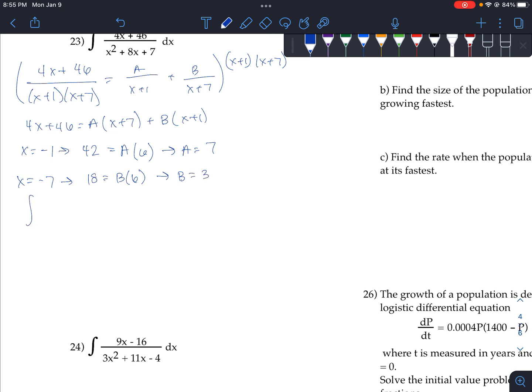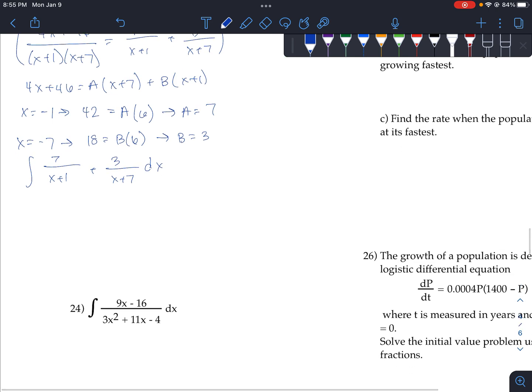Okay, so we're evaluating the integral of 7 over x plus 1 plus 3 over x plus 7 dx. I believe that's correct. So this will result in 7 natural log of x plus 1. I'm double checking my work.